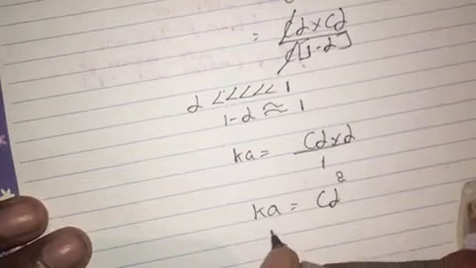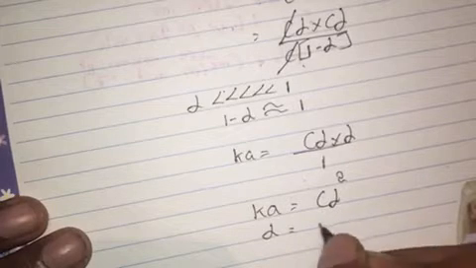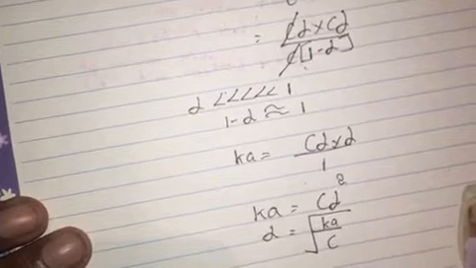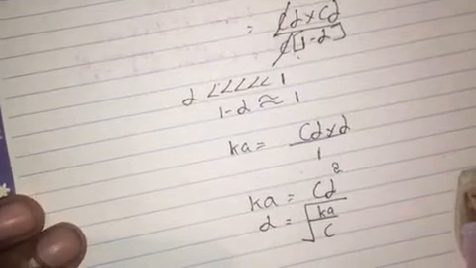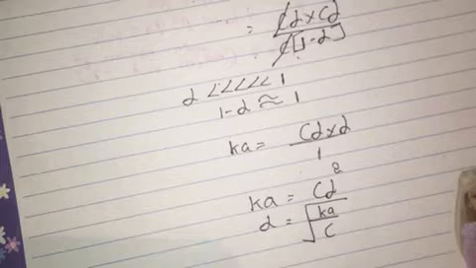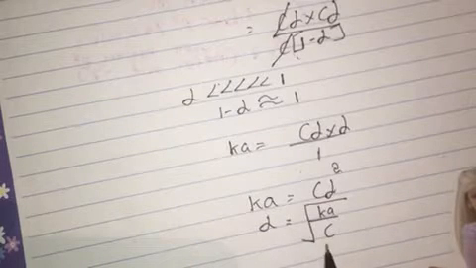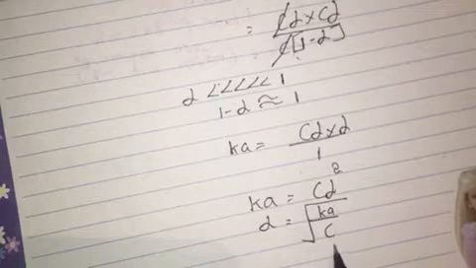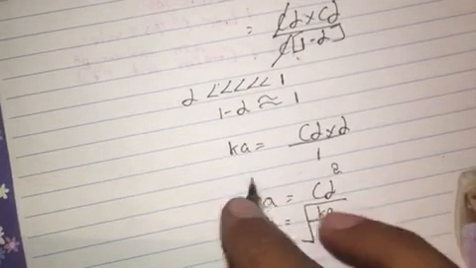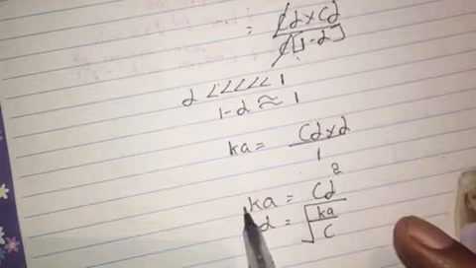We can write alpha equals square root of Ka over C. Degree of dissociation alpha equals square root of Ka over C. This is the Ostwald dilution law.